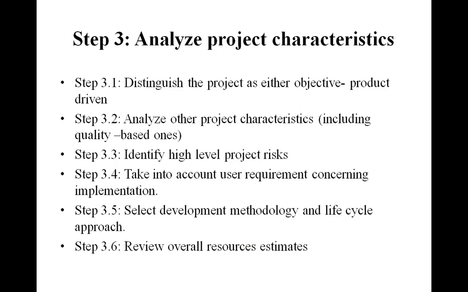If needed, we increase the estimates; if not, we decrease them. So we review overall resources in the project. Okay. Yesterday these three steps were covered, so I just repeated them once again. Now I go to step 4.